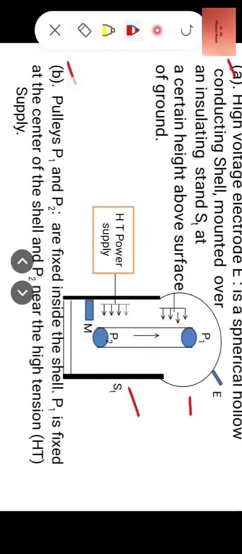B. Pulleys P1 and P2 are fixed inside the shell. P1 is fixed at the center of the shell and P2 near the high tension HT supply.